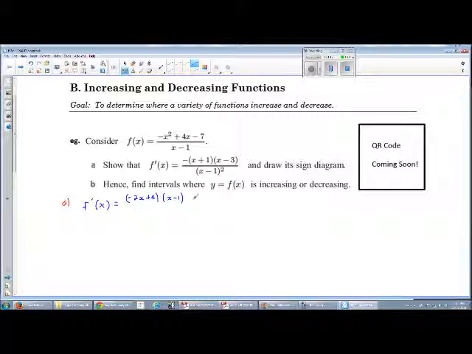And then we subtract the derivative of the bottom, which is 1, and we multiply that by the top. And we put that all over the bottom squared.